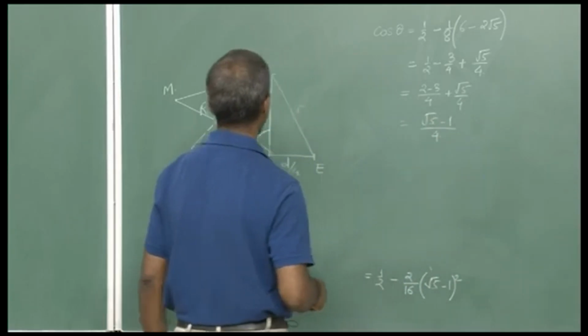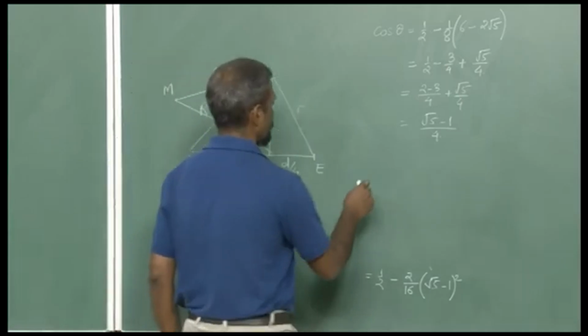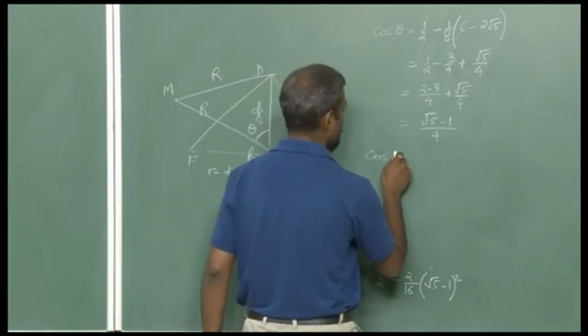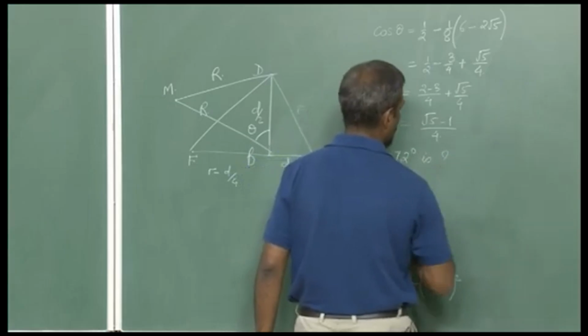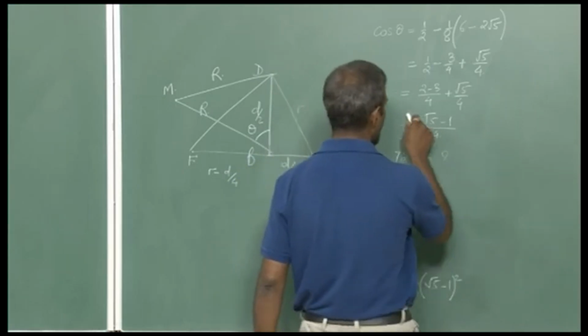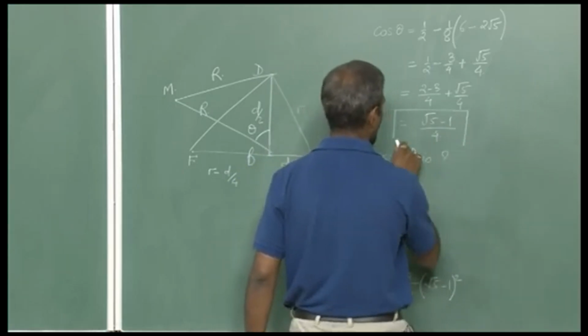And if you go back and try to figure what cosine of 72 degrees is, then you would see that this is nothing but this value here.